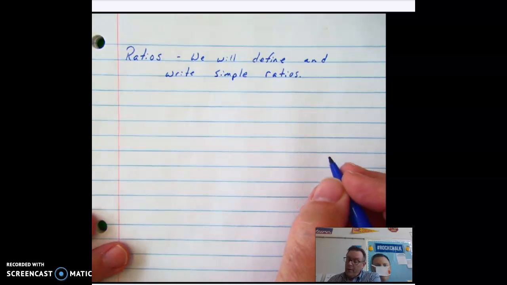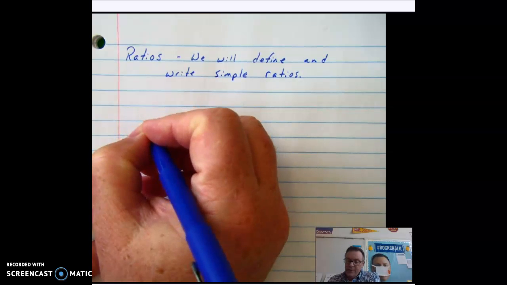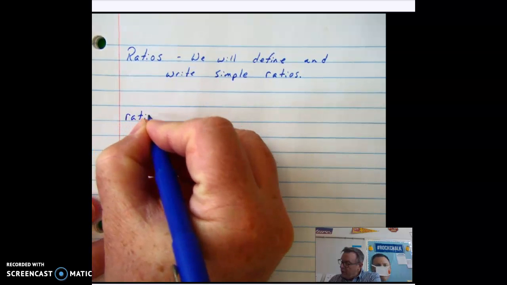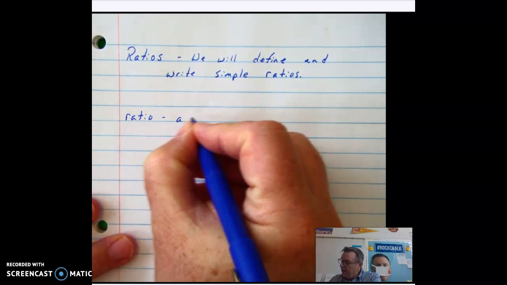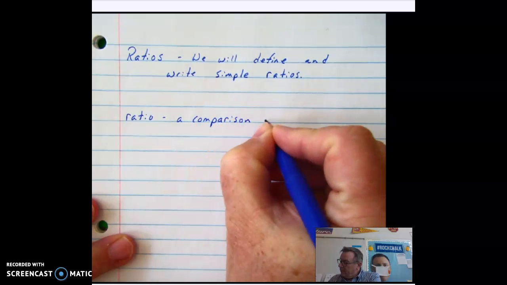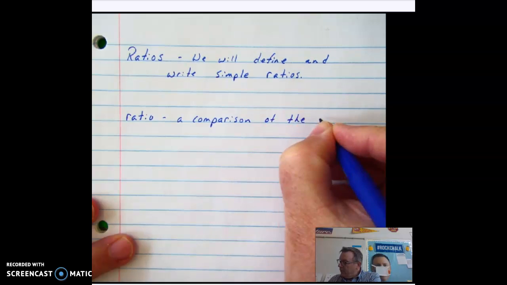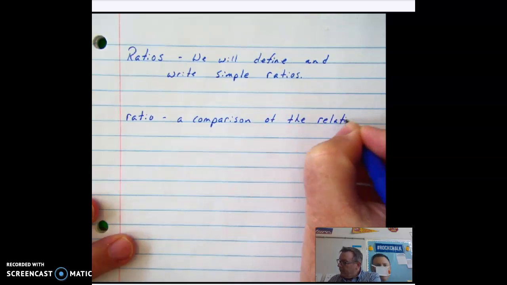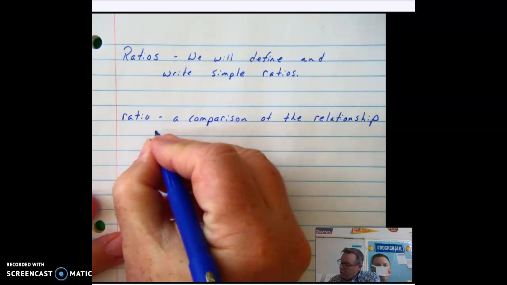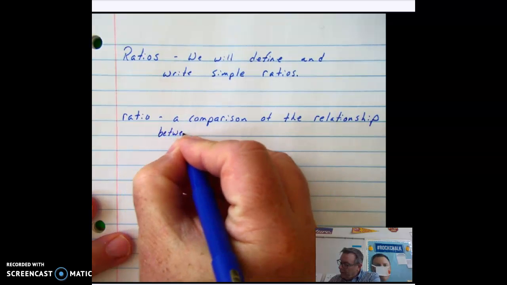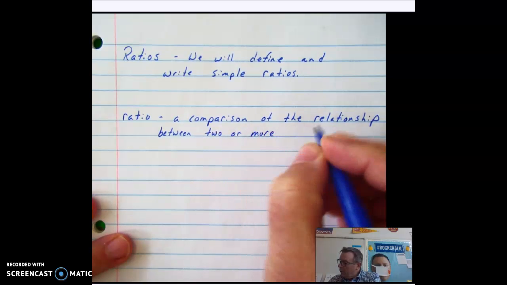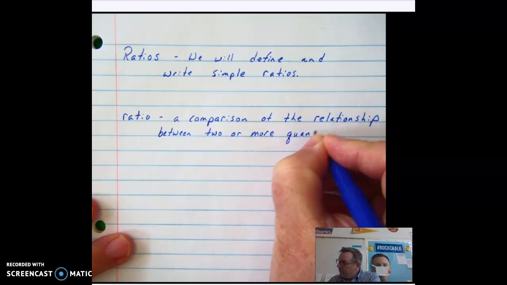Alright, so the most important thing that we start with is you have to have a very solid definition for a ratio. And how we define a ratio in 6th grade: a ratio is a comparison of the relationship between two or more quantities.